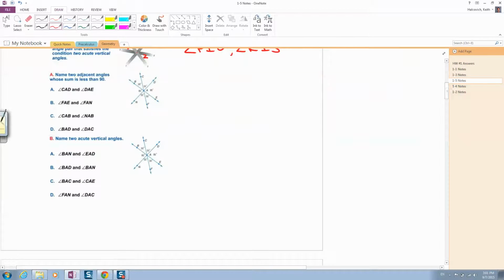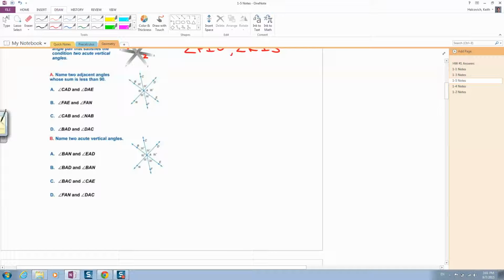Name two adjacent angles whose sum is less than 90 degrees. Well, if you notice, CAD is here, that's 55, but DAE is 95, so the sum is not less than 90.